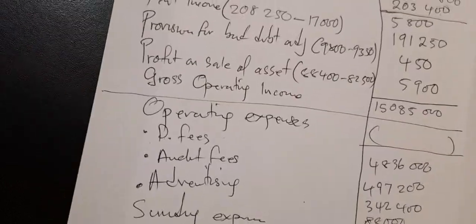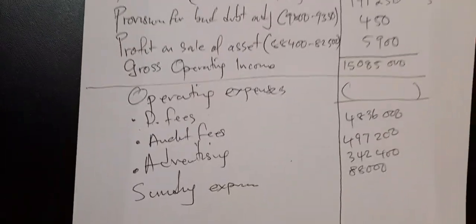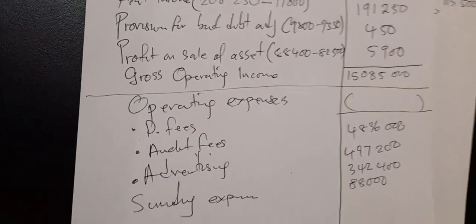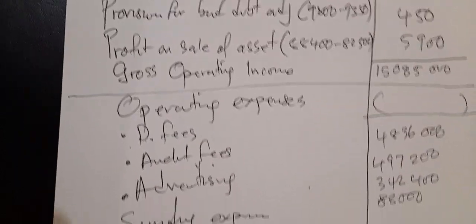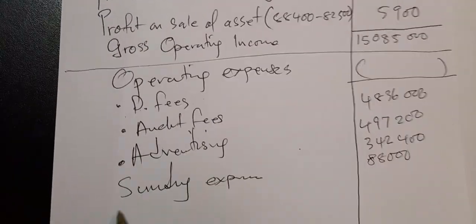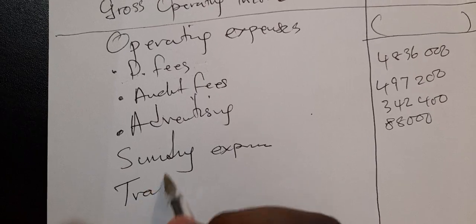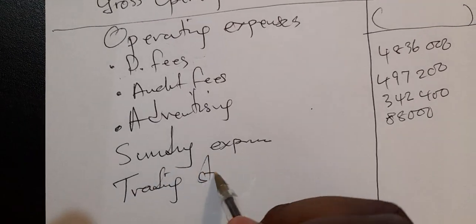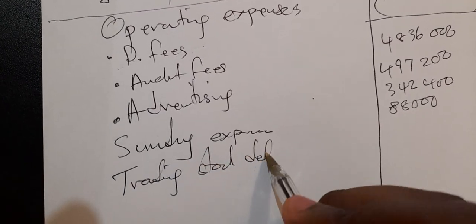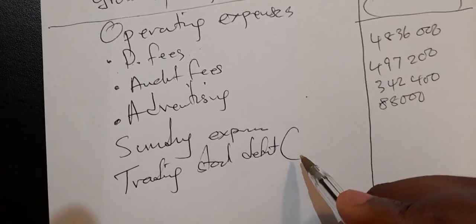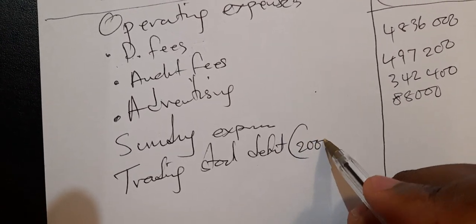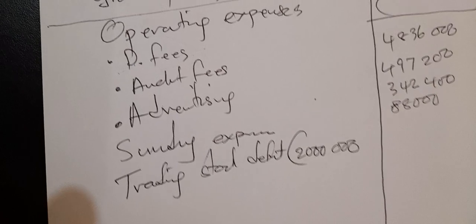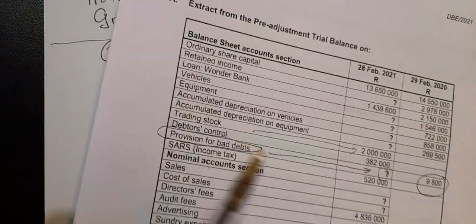Now we need to look. We didn't look for a surplus. I just saw that we have a deficit right away. So we have a trading stock deficit. Remember, we had 2 million, which was given on the trial balance for trading stock.